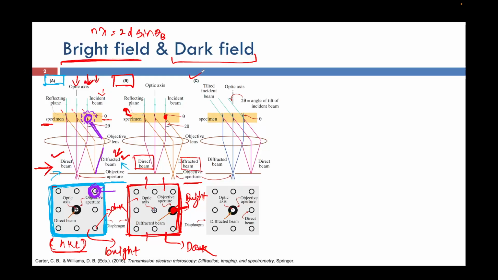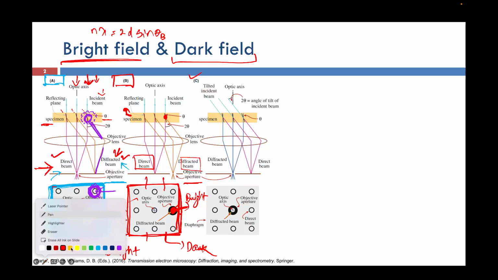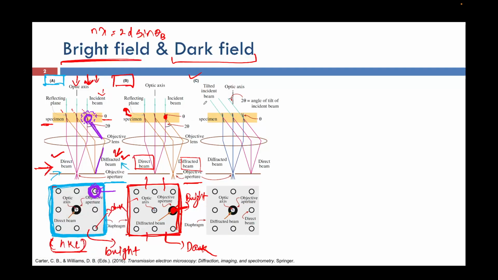Why do we consider case number C? When we want to see, we can do either bright field or dark field, but the problem with dark field is that electron beams are very sensitive to lens aberration.